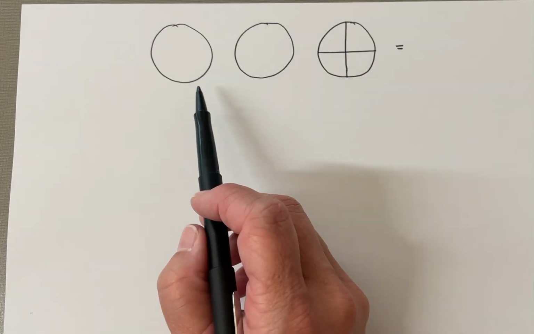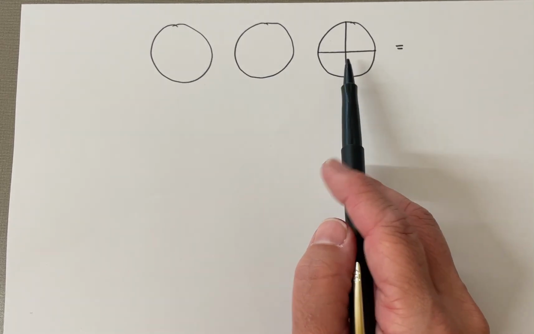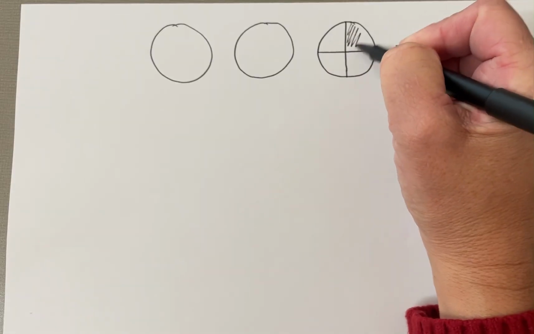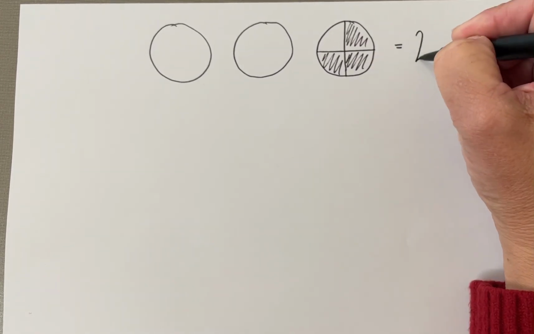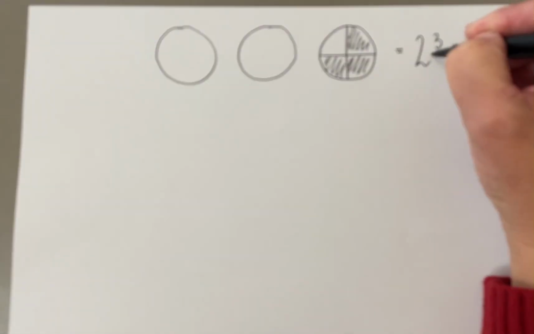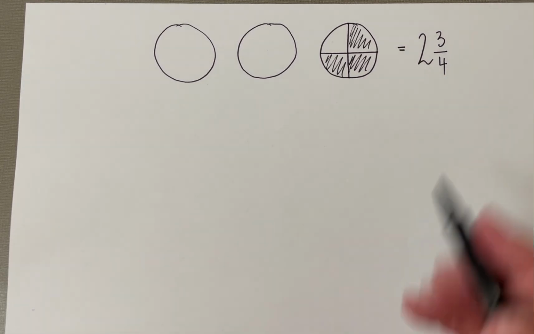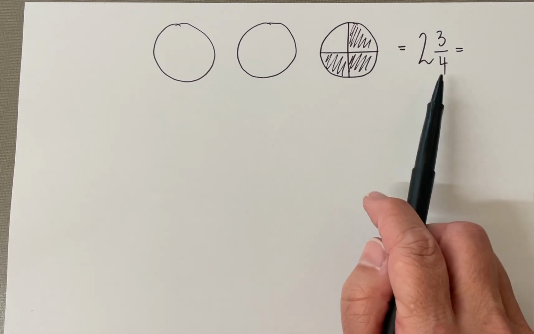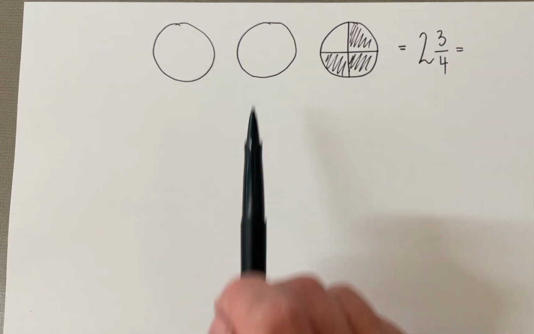So you know that this image shows 2 wholes and 3 quarters, right? Now, if you want to convert this into an improper fraction, you would count each individual quarter, right?